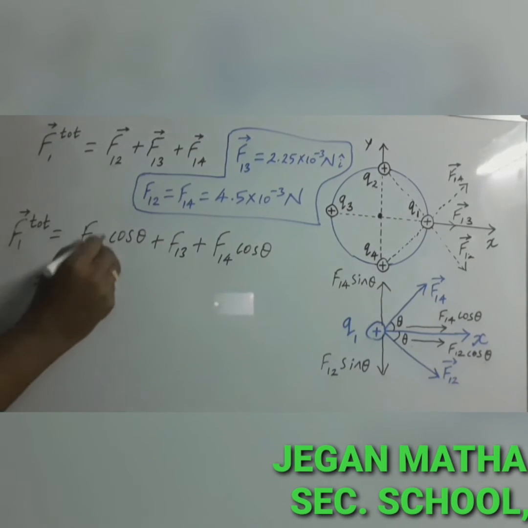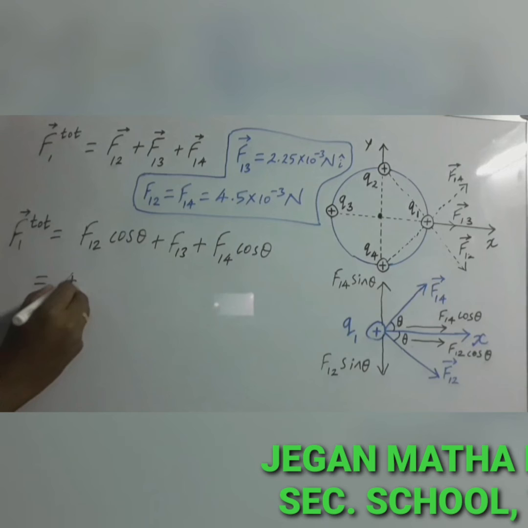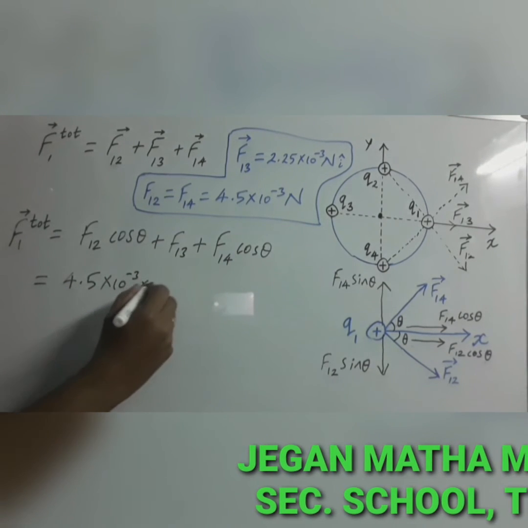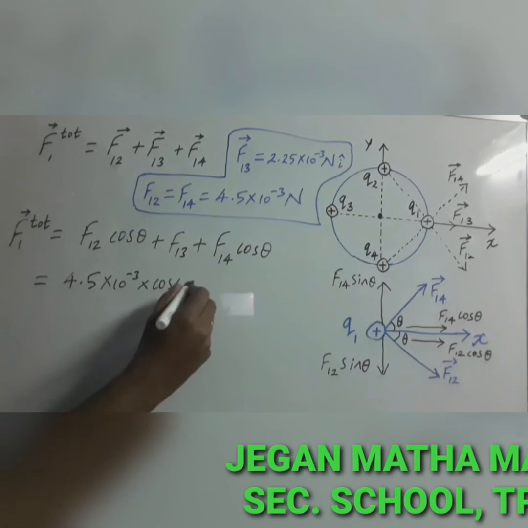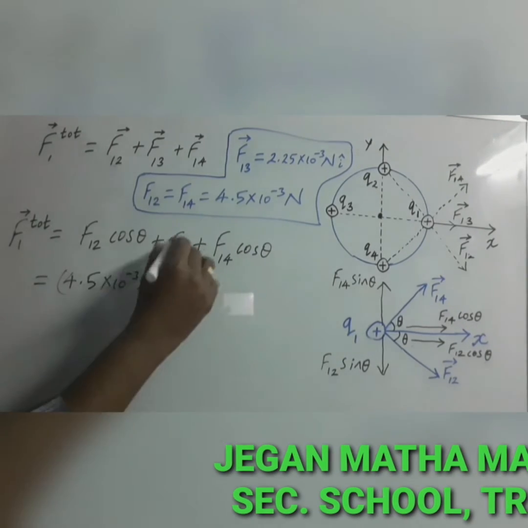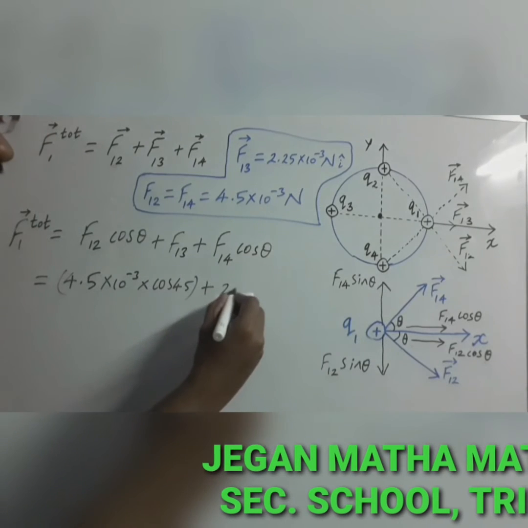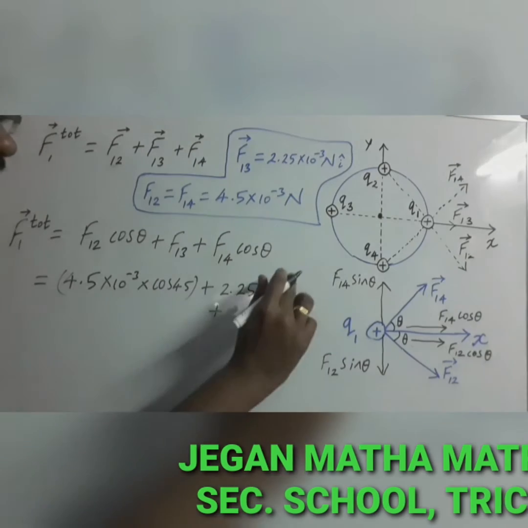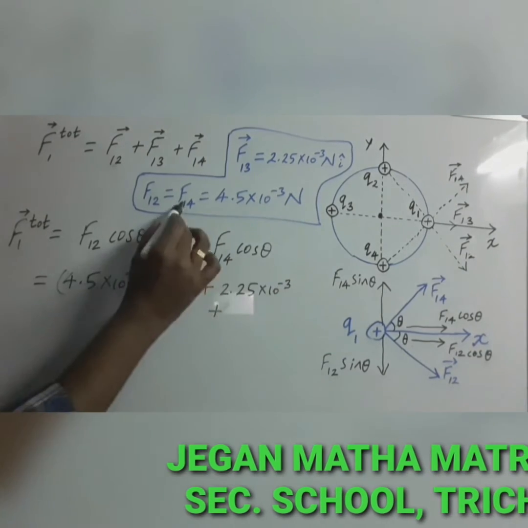So what is the value of F12? Already we have found the magnitude 4.5 into 10 to the power of minus 3 into cos 45 plus what is the value of F13? 2.25 into 10 to the power of minus 3 plus what is the value of F14?